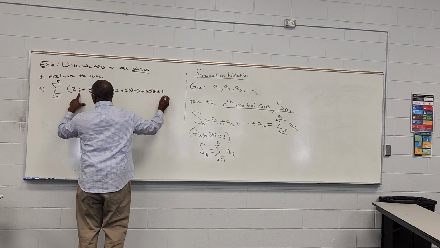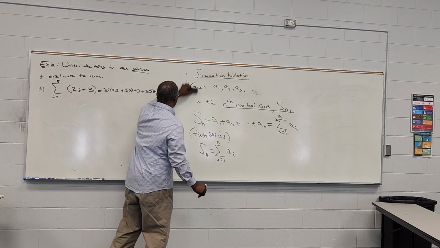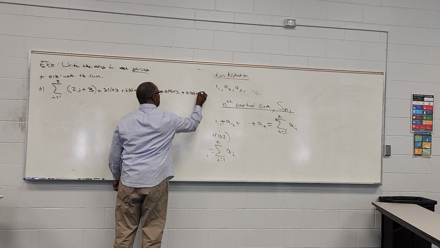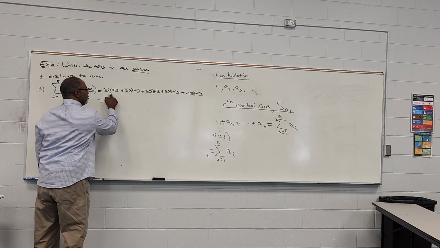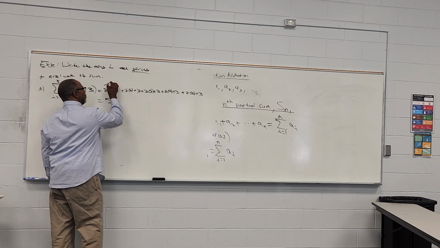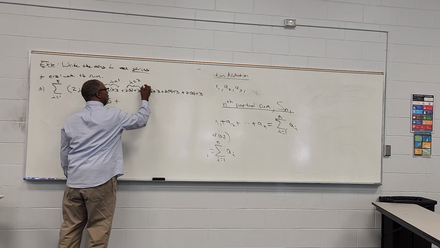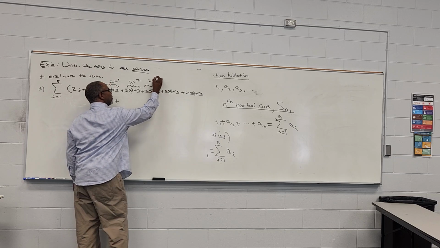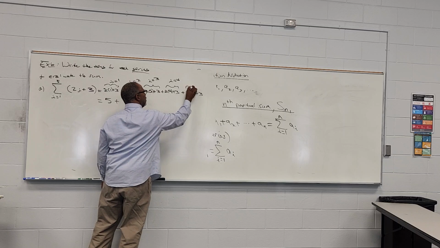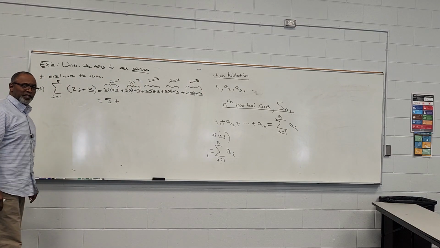When i is 4, you'd have 2 times 4 plus 3. And finally, when i is 5, you'll have 2 times 5 plus 3. 2 plus 3 makes 5. And again, this was when i was 1. This one right here was i equals 2, this one i equals 3, this one i equals 4, and this one i equals 5.